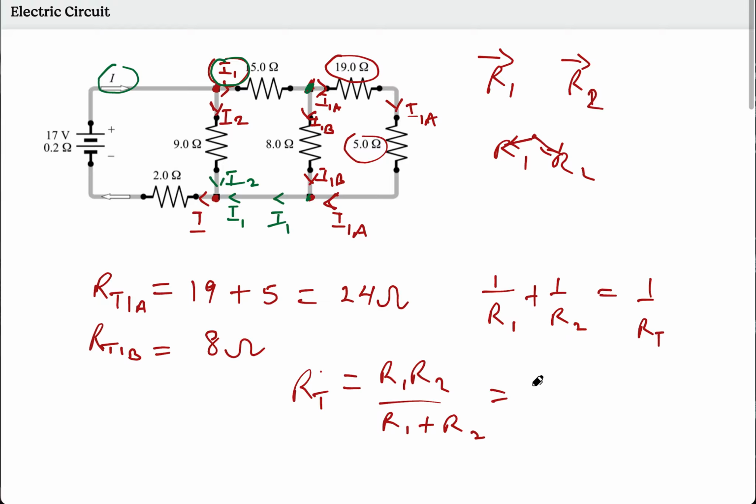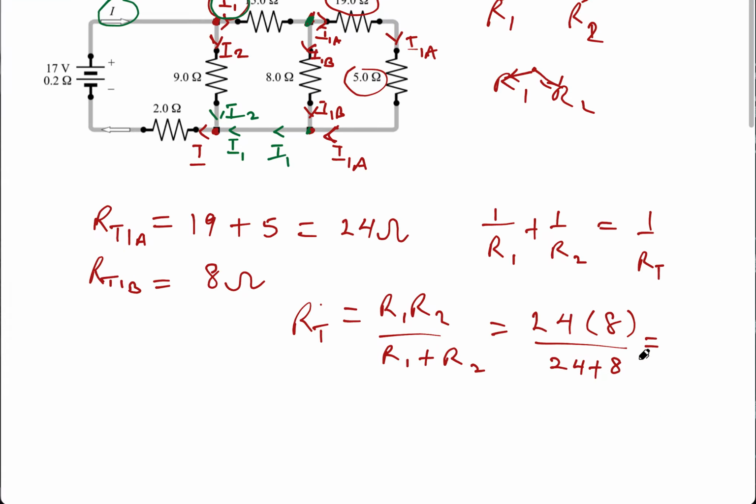So in this situation, that will be 24 multiplied by 8, everything divided by 24 plus 8. If you do this on your calculator, 24 times 8 is 192. You divide it by 24 plus 8, and that is going to give us 6 ohms. So we have 6 ohms here.